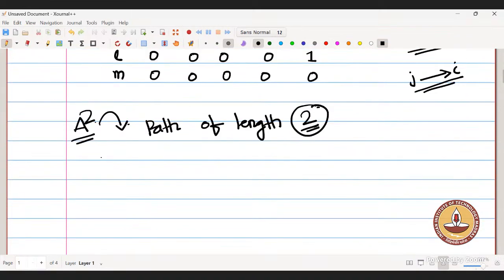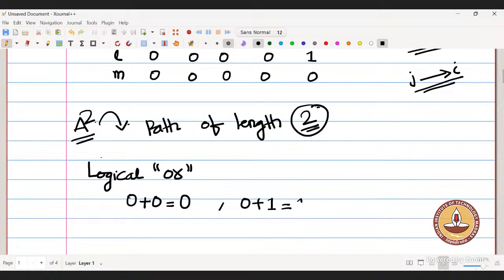You know the logical OR: 0 plus 0 is 0, because both are false, so the final result is also false. Then 0 plus 1 is 1, 1 plus 0 is 1, and 1 plus 1 is 1.